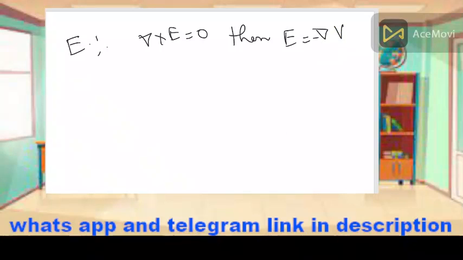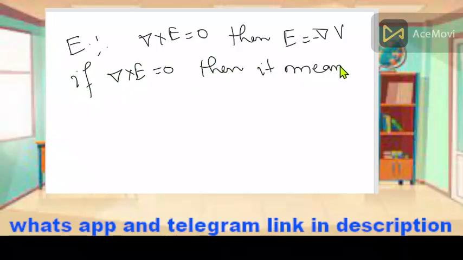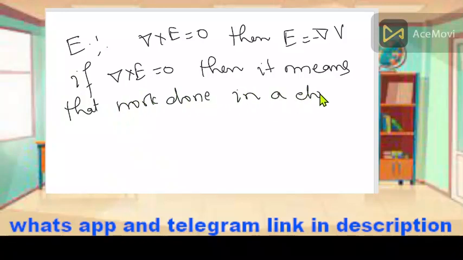Now your del cross E is 0, so you must have studied that the line integral of the electric field, of that vector function, along any closed path will be 0. Work done in a closed path is 0. This we know from very basic physics. If del cross E is equal to 0, then it means that work done in a closed path is 0.